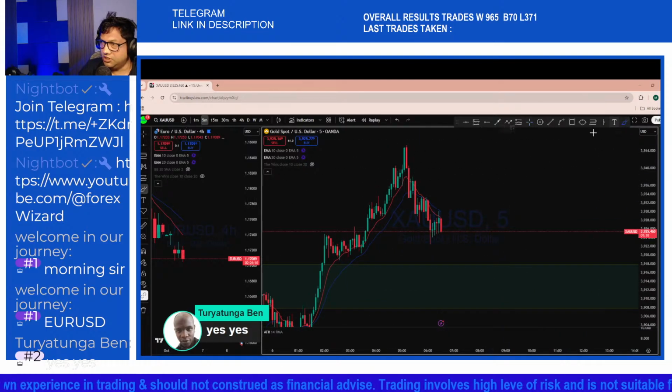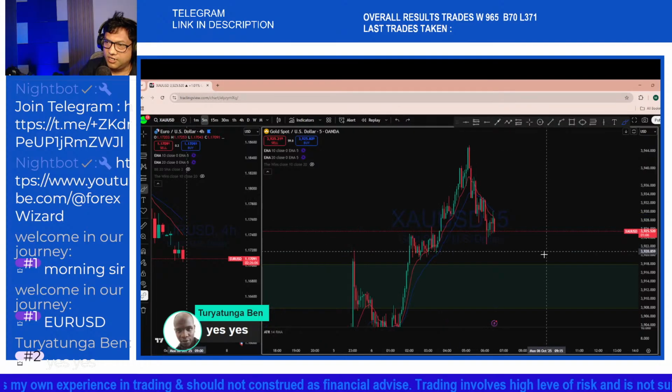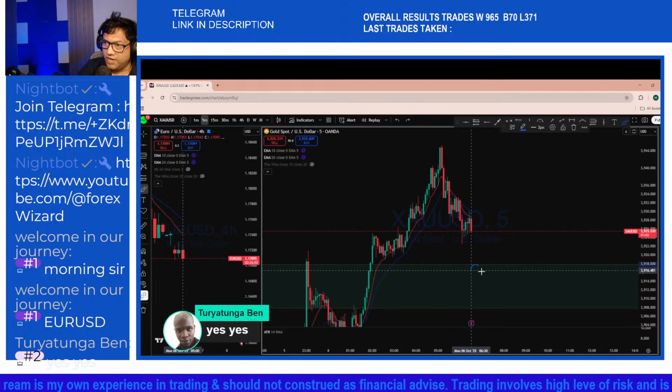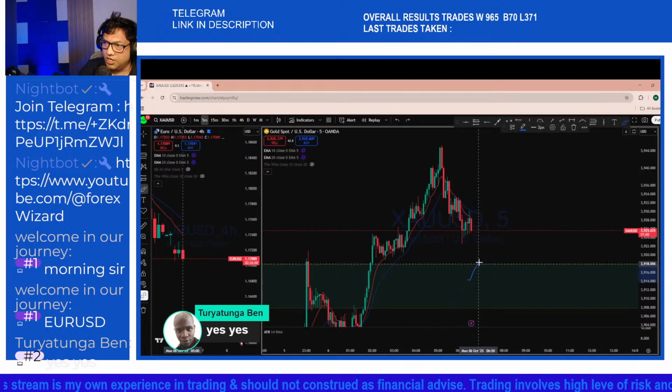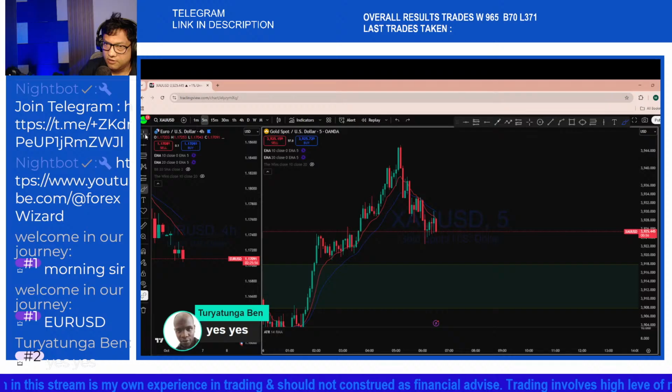We see that this is a series of lower highs here, and with this series of lower highs, the market is approaching that key support level, which could break that low here and then return back to the upside to create a new higher high in this market.